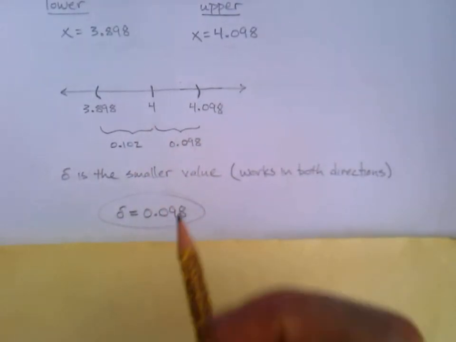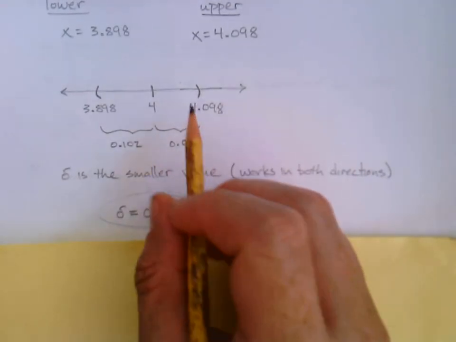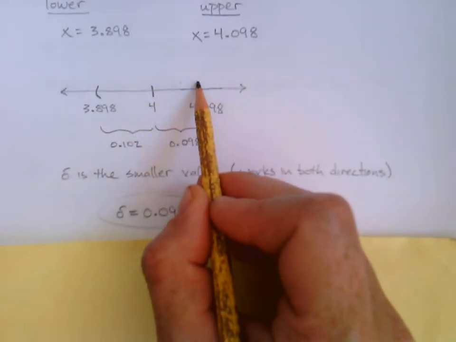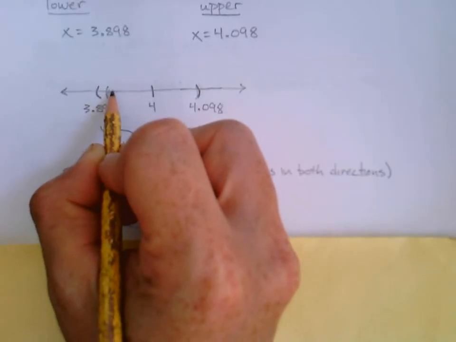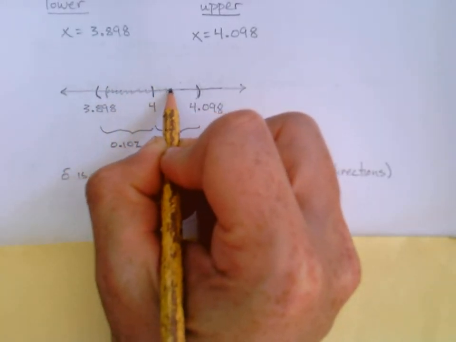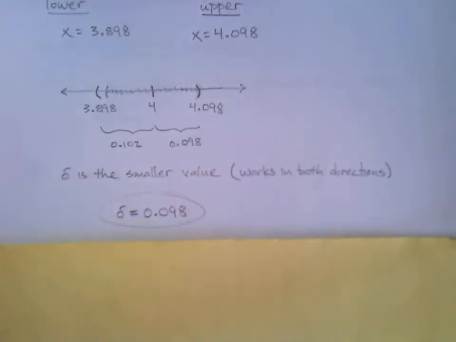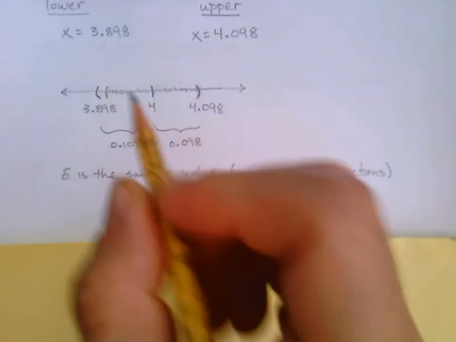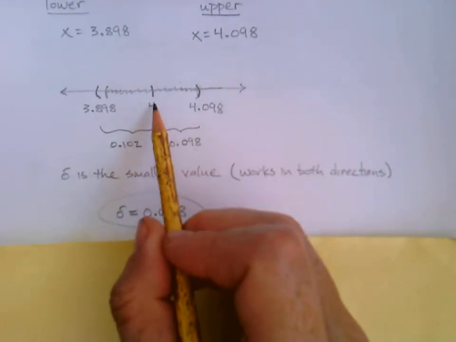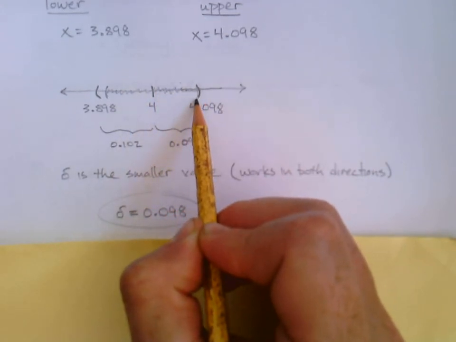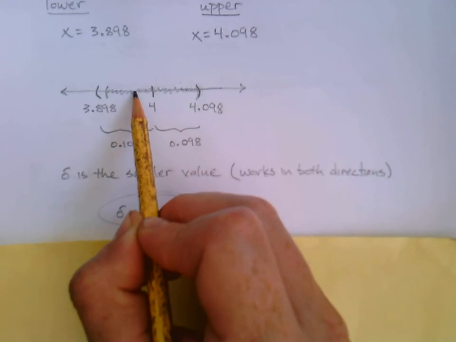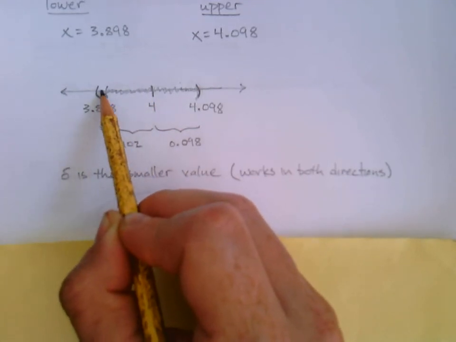Why? If you pick the smaller number, then all the x values within that smaller distance are going to land your original function within your specified epsilon. In other words, if you pick the smaller one, it always works. It works in this direction right up to the border, and in this direction with a little bit of room to spare.